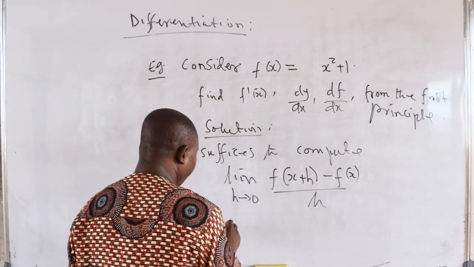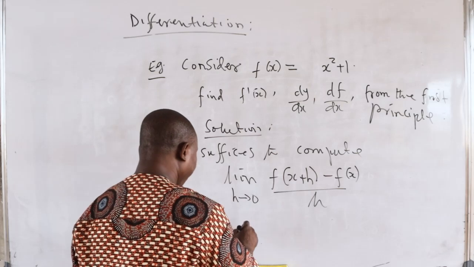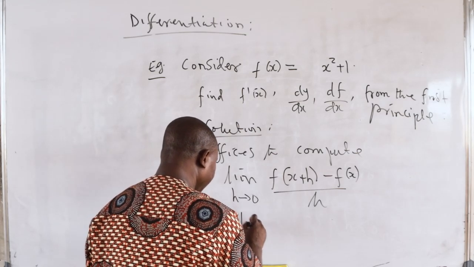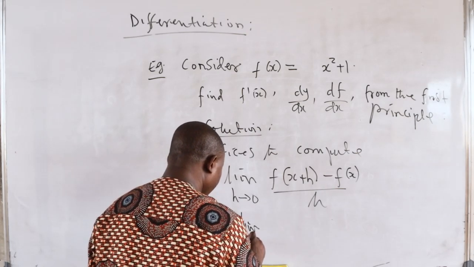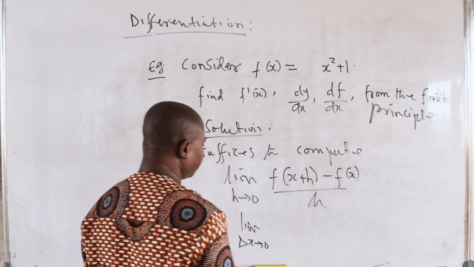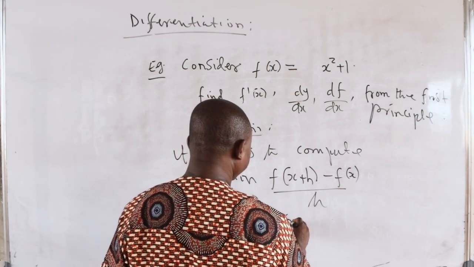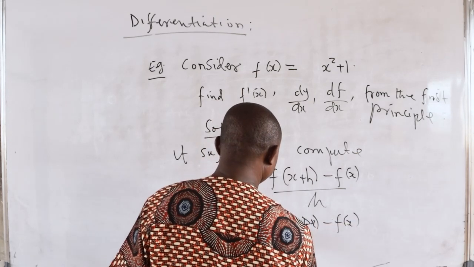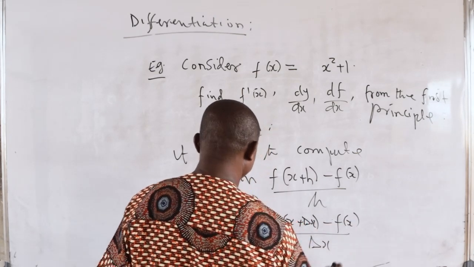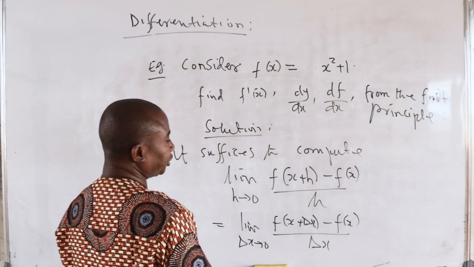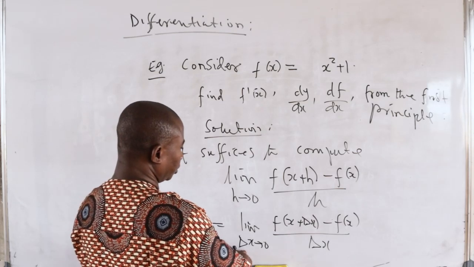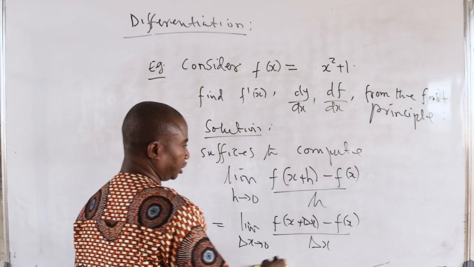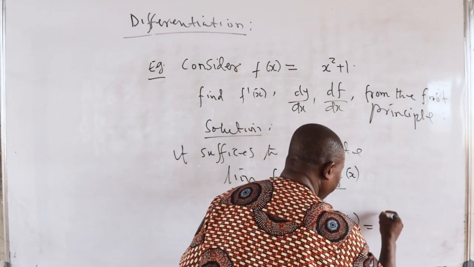And this is nothing but computing the limit as delta x tends to 0 of f of x plus delta x minus f of x divided by delta x. I wish to also emphasize that this limit is the same as the limit.